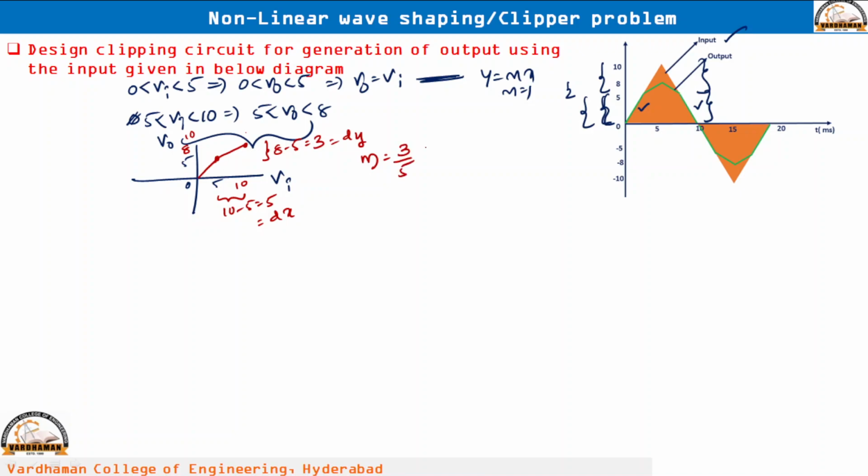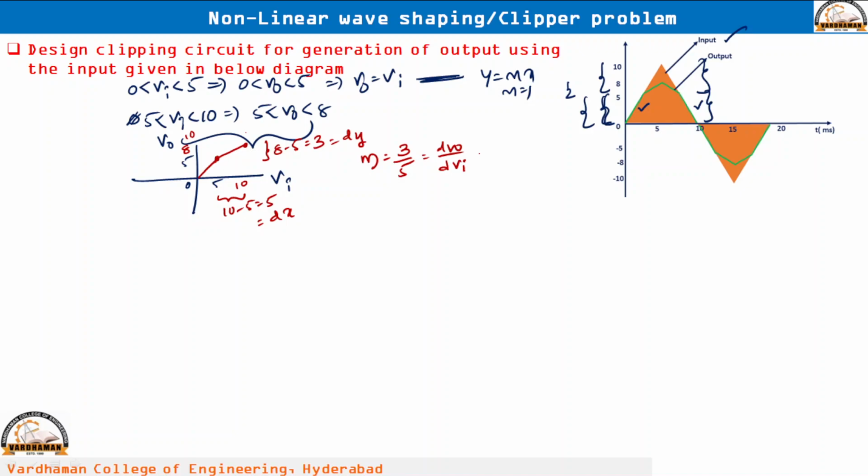Your input changes from 5 to 10, but output changes from 5 to 8. So, there is a change of 3 volts in the output when you have a change of 5 volts in the input. This is possible only after input voltage is beyond 5 volts. That is what you have to observe. This is actually change in output by change in input, and this is what we have observed from the waveform.